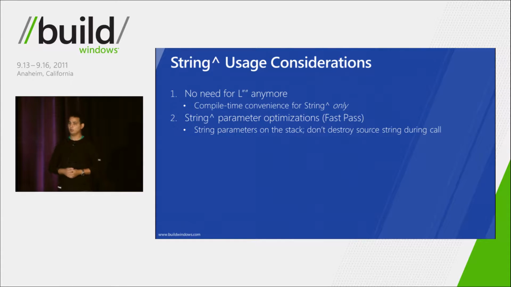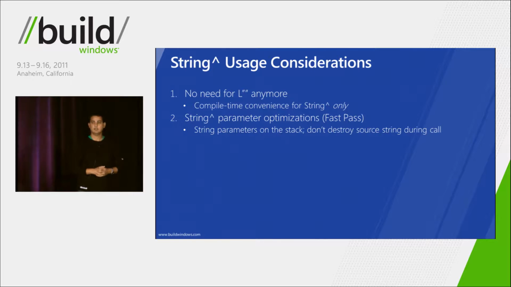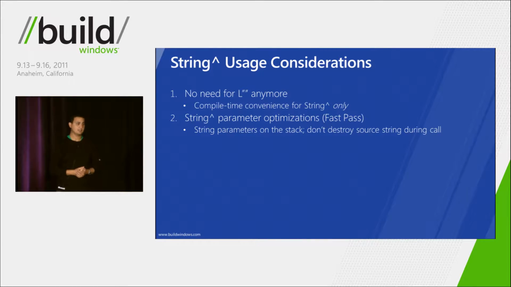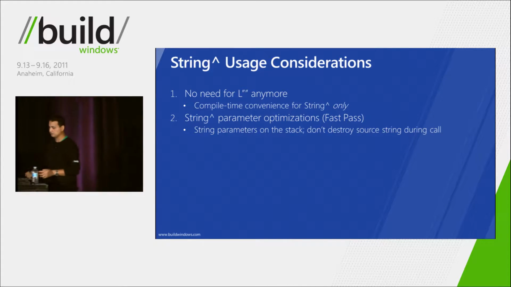We don't need to go create one, allocate it on the heap, then as you're passing it, create something, add a reference to it, and do all of that. We can just directly take it and create everything on the stack. So basically, we create what's called a fast pass string. It's just passed directly as a parameter on the stack to save you some memory allocations.